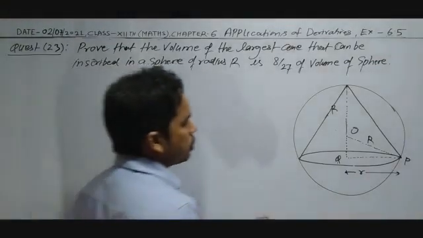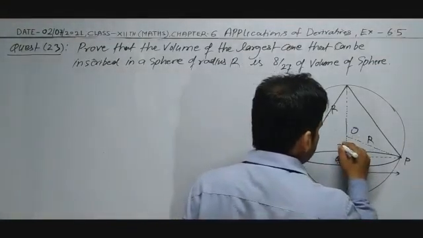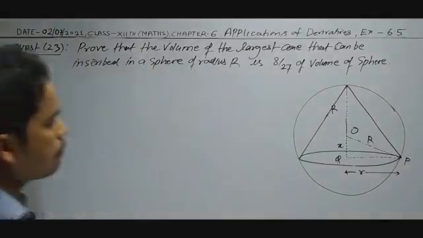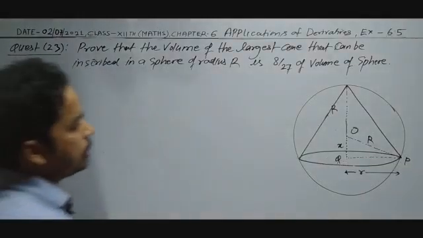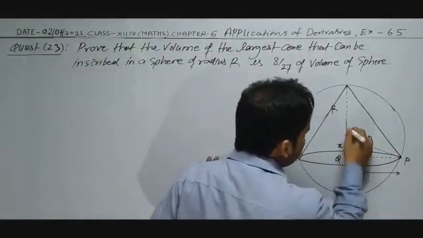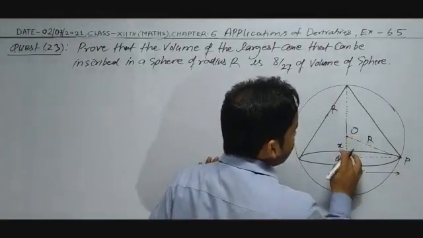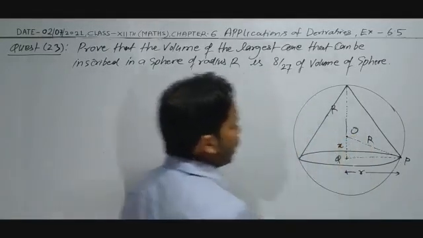Now suppose this is the point Q, and the length QO is small x.